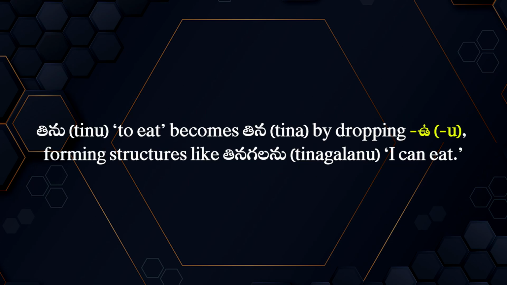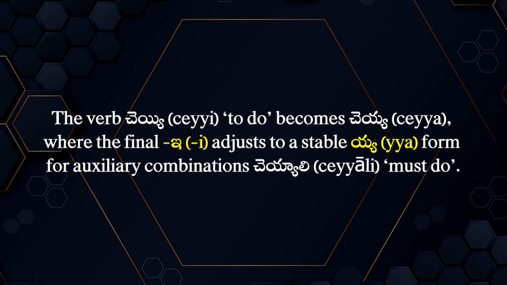Similarly, tinu, to eat, becomes tina by dropping u, forming structures like tinagalanu, I can eat. The verb cheyi, to do, becomes cheyya, where the final e adjusts to the stable ya form for auxiliary combinations: cheyyali means must do.